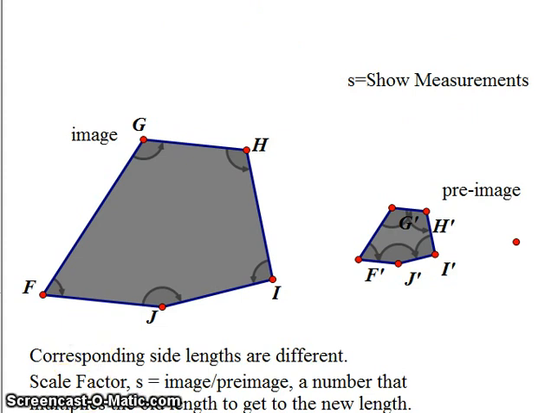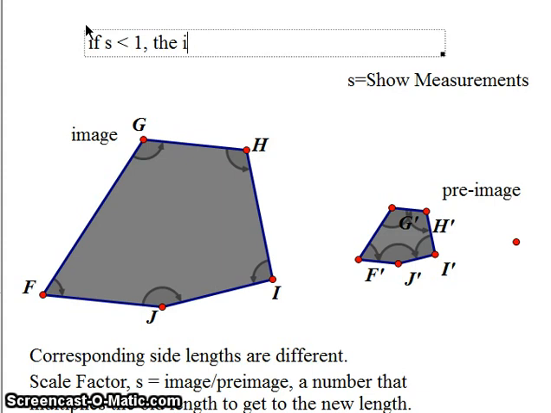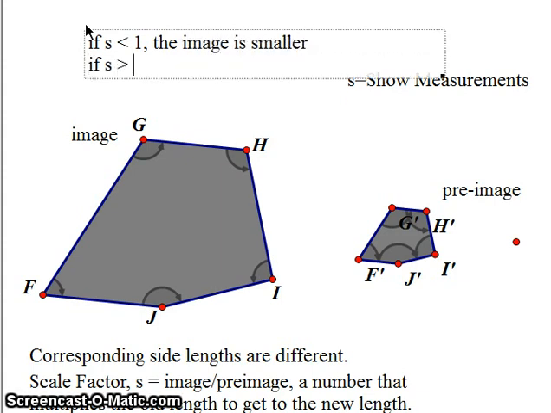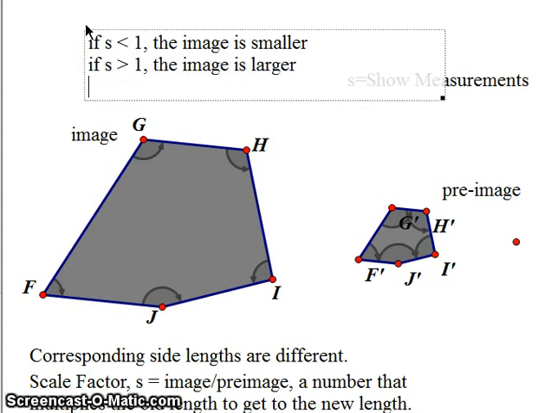Two things I want you to note when dealing with dilations and scale factors: if s is less than 1, the image is smaller. If s is greater than 1, the image is larger. If s is equal to 1, the image is the same.